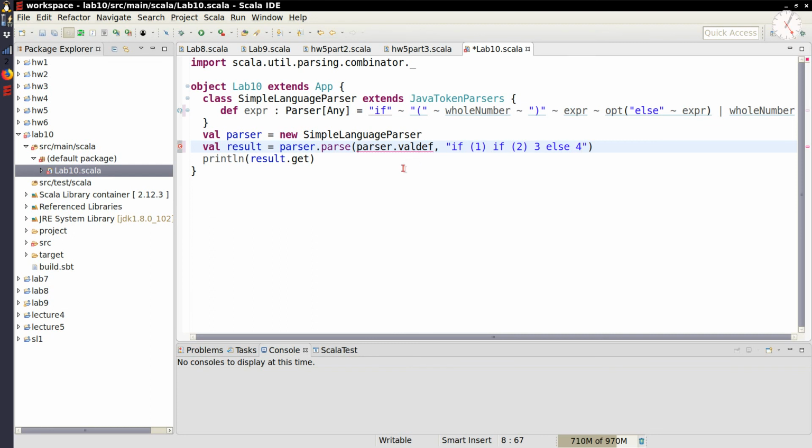So parser.parse, also let me call it parser.parseAll, because I want to parse all of it. That way, if for some reason only a part of it matches, I get a better error message. So what's wrong here with the parser.boundif?